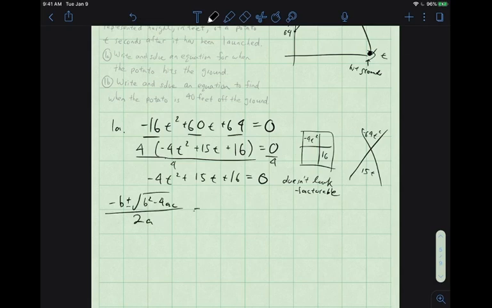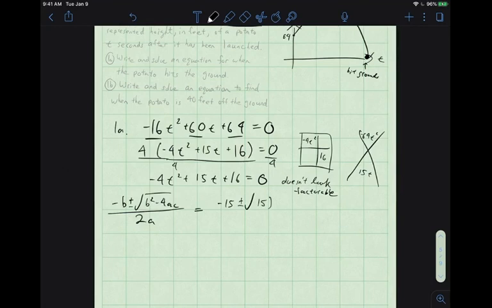Your a value here is negative 4, b value is 15. So we're filling in the parts. Here is b squared, 15 squared, and it looks like I'll need a calculator because these numbers are large. Probably can't do these all in my head.